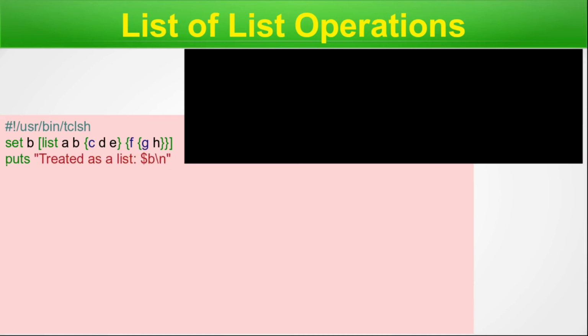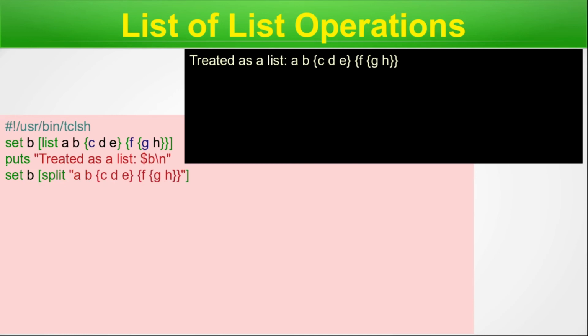When we print out this list, we get this as output. We have A, B, the third one is C, D, E, and the fourth one is a list of list where the first element is F and the second element is another list whose elements are G and H. This is an example of a list of a list. We can also use the split command here and see the output.